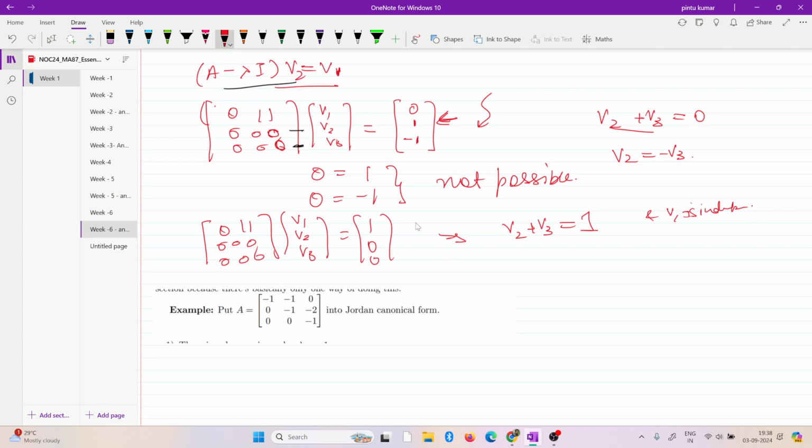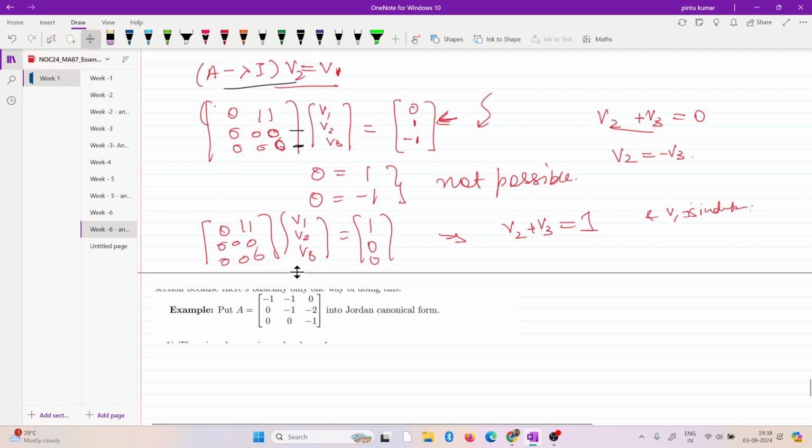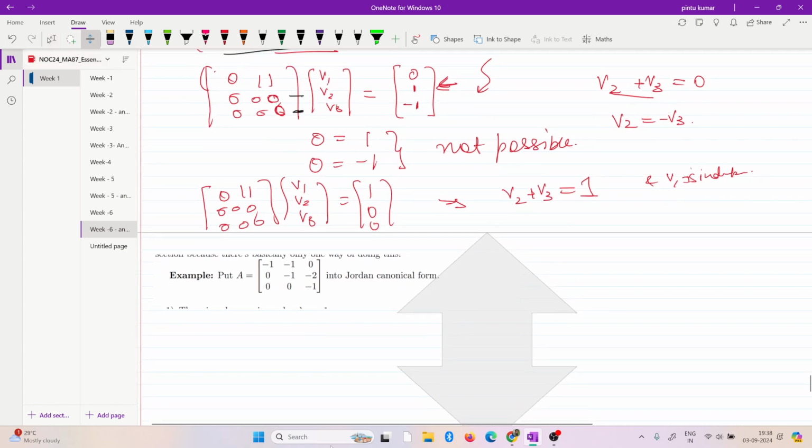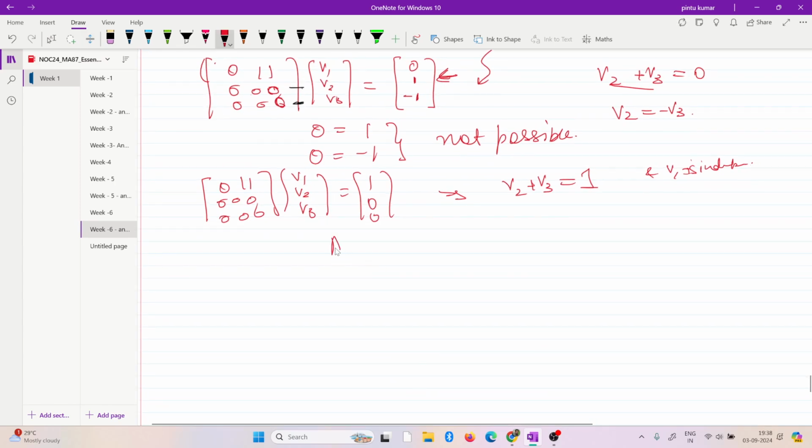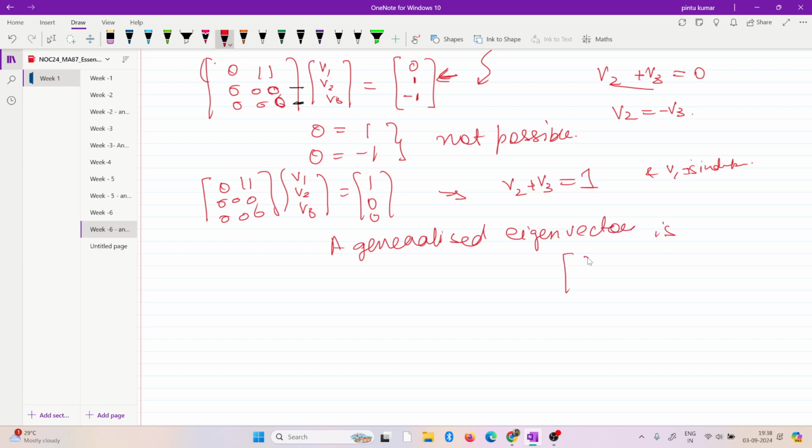Okay. Rest everything is 0 equals 0, right? So a generalized eigenvector is 0, half, half.